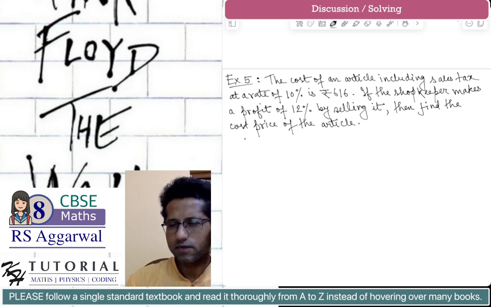The cost price of the article is the cost at which the shopkeeper purchased the article, and in the beginning the cost of an article including sales tax at a rate of 10% is rupees 616. This cost is the price at which a customer is finally purchasing that article, including the sales tax.